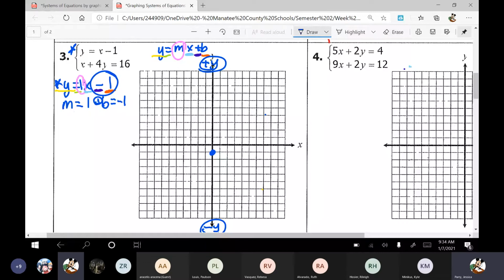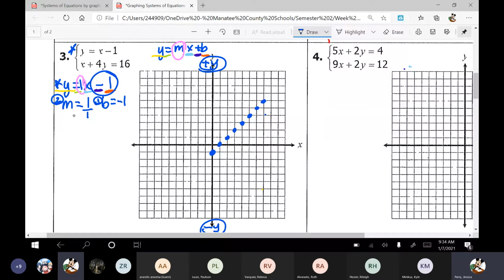And then step 2 is to use our slope m. You want it to be a fraction, so I put my 1 over another invisible 1. So from that dot, I'm going to go up 1 to the right 1, up 1 to the right 1, and keep on going. Couple more times. And if you ever run out of space, you can do the opposite. Go back to your first dot.